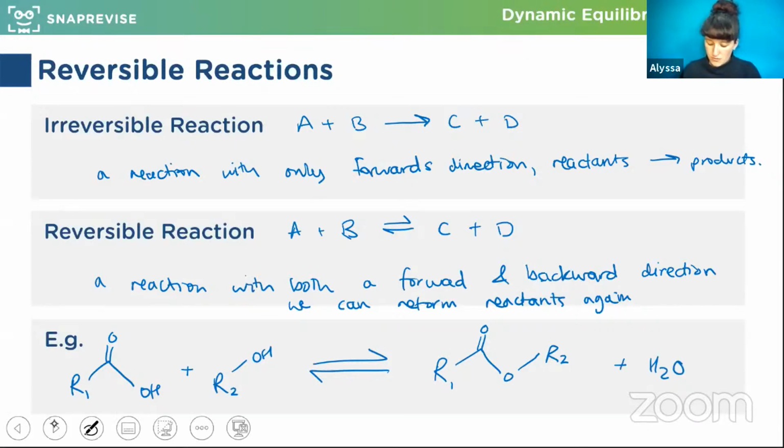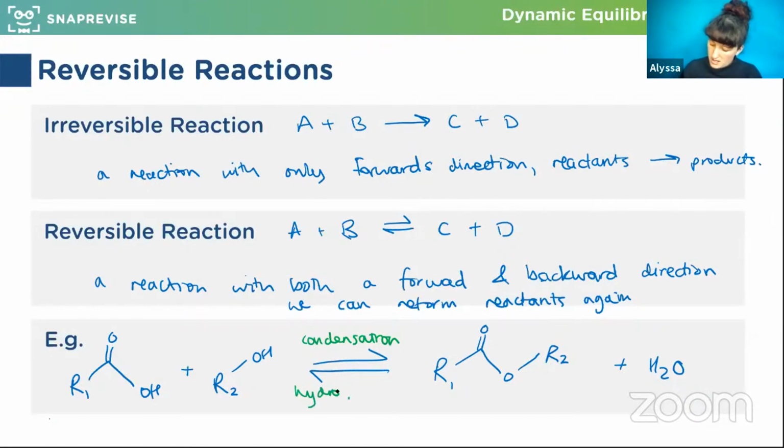The forward reaction, because it's releasing water, we call condensation. And the backwards reaction, because it is using water to break a bond, we can call hydrolysis. There we go.